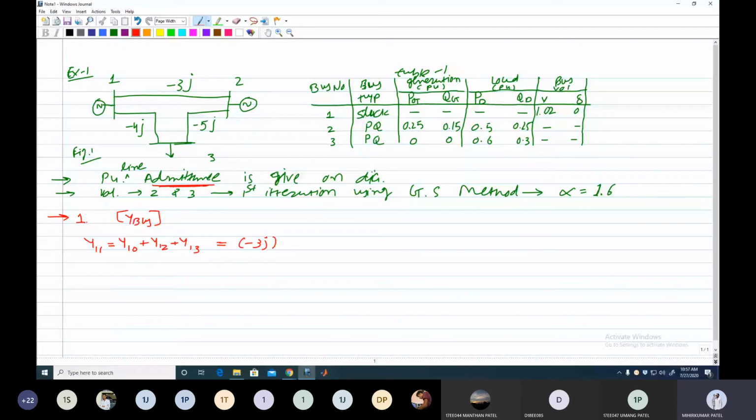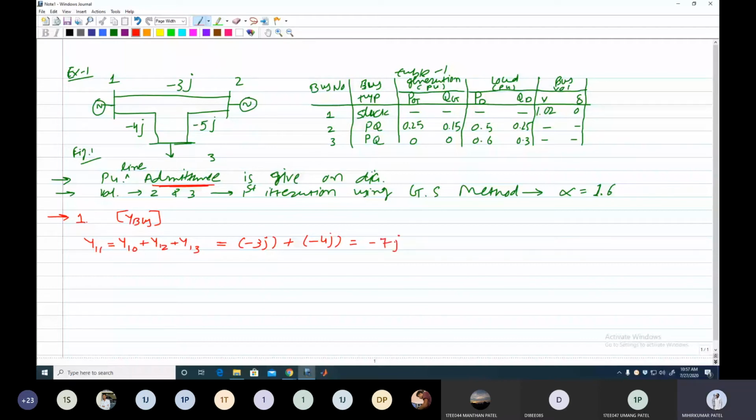Plus Y13, which is minus 4j. So Y11 is equal to minus 7j. Clear?